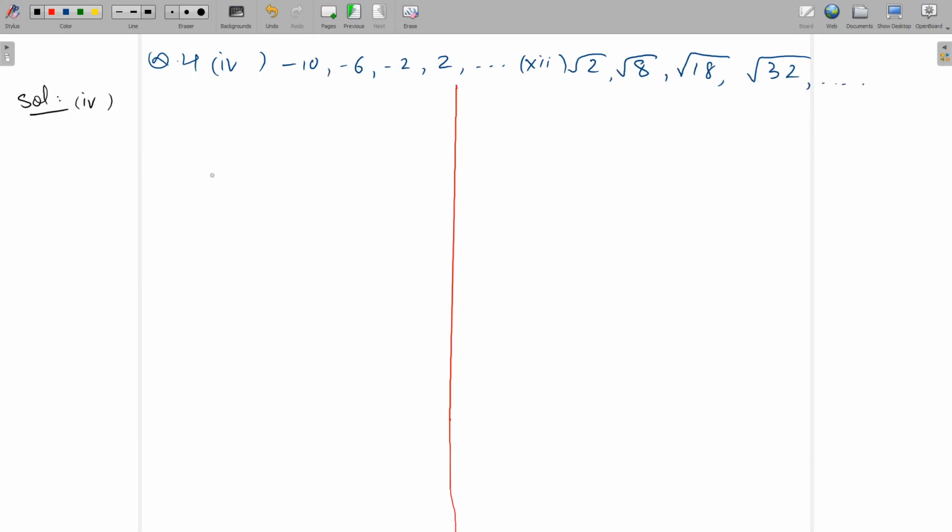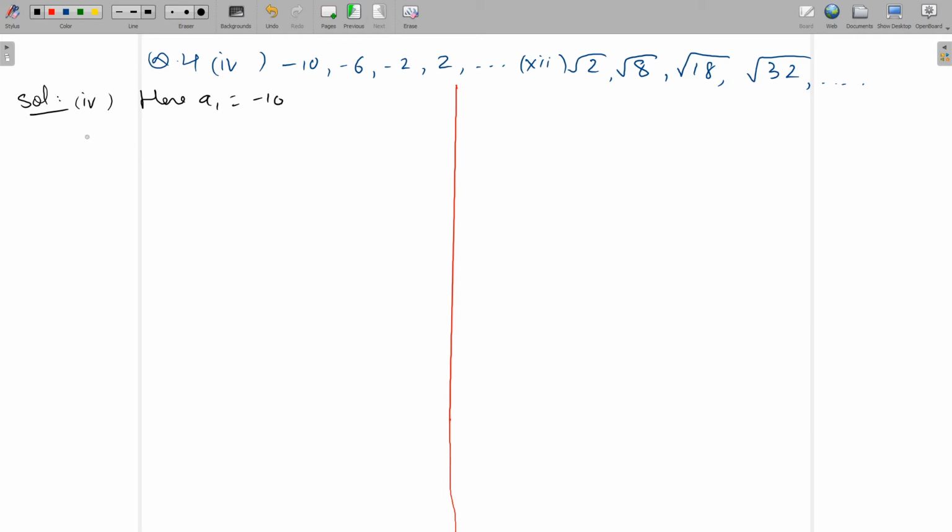Now we will do the fourth part of question number 4. So here A1 is minus 10, so that is what we will write. Here A1 equal to minus 10. Now let us find the difference between the consecutive terms.